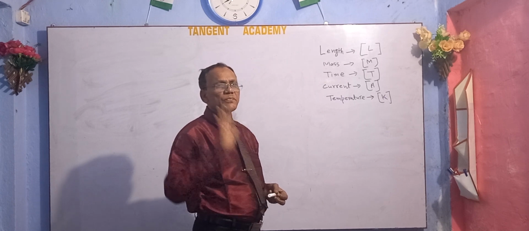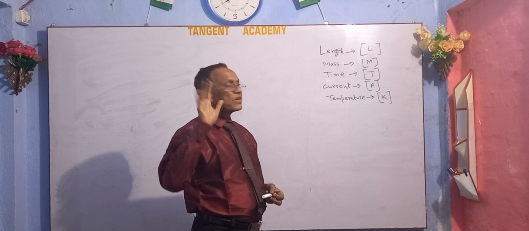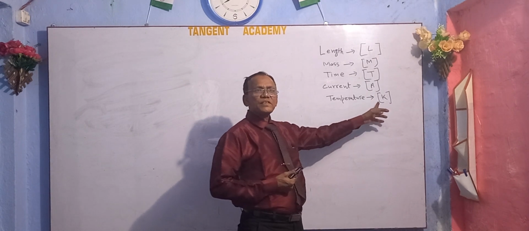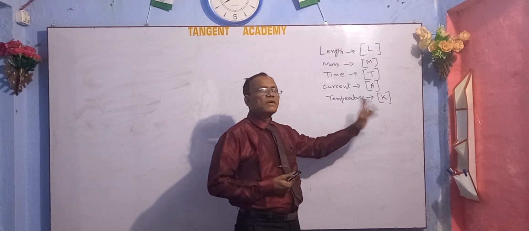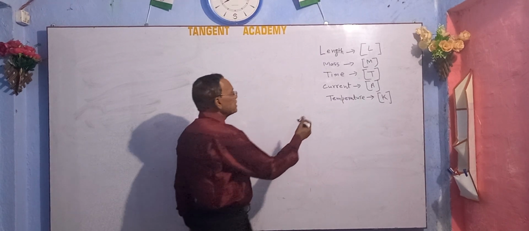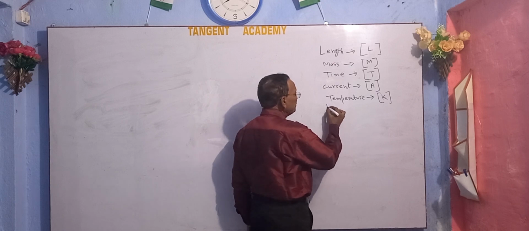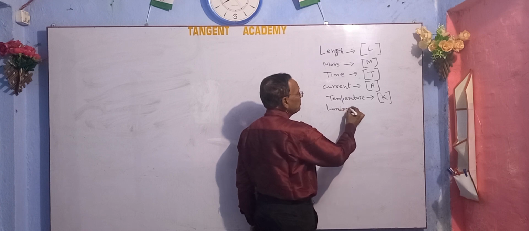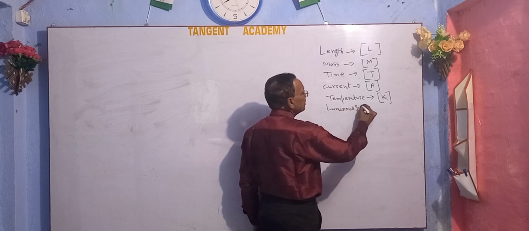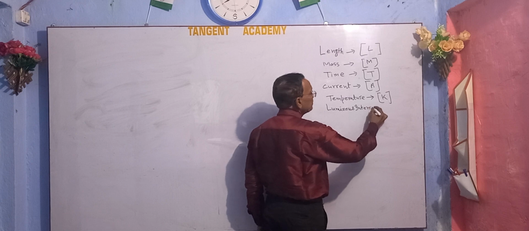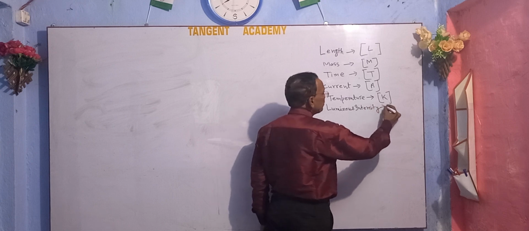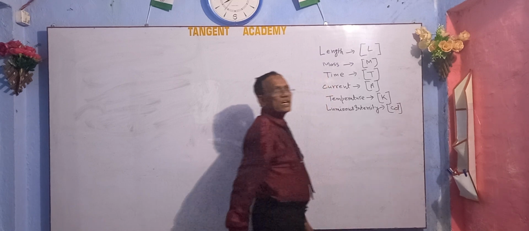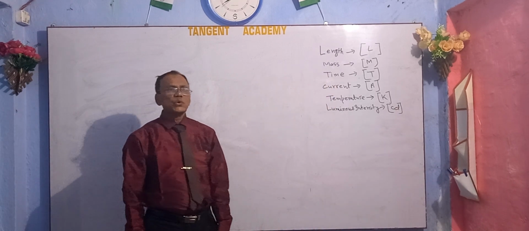Temperature can be measured by five units, and one of them is Kelvin, so temperature is denoted by K. Luminous intensity is denoted by CD, which is known as candela, and so on.